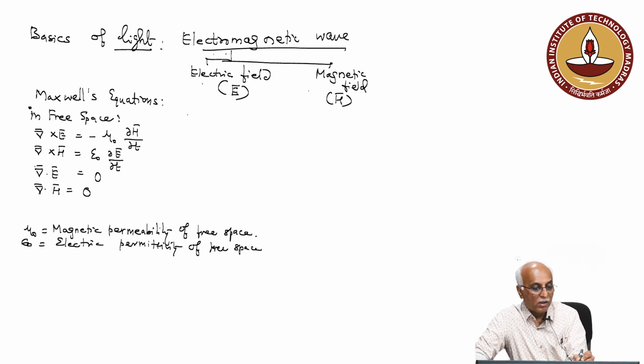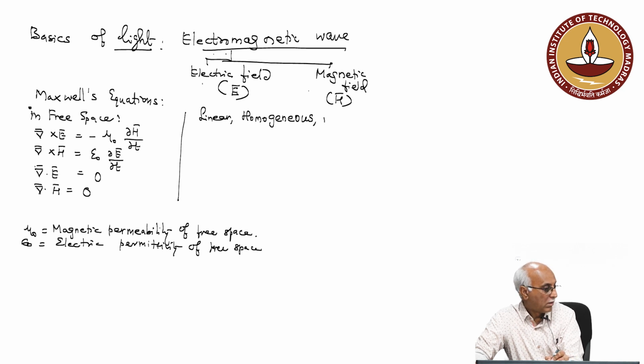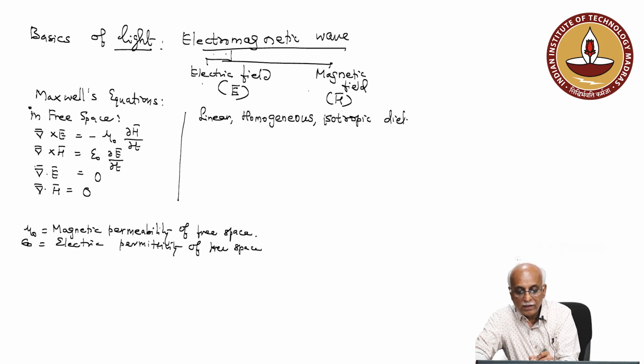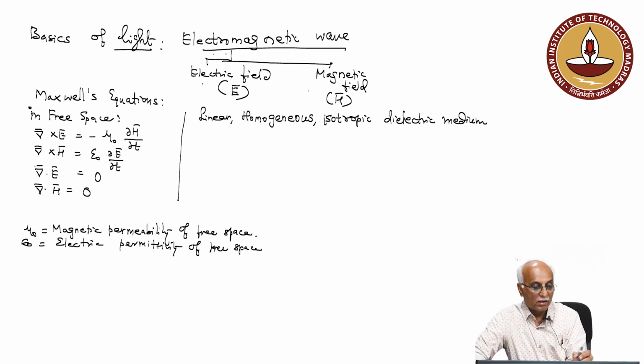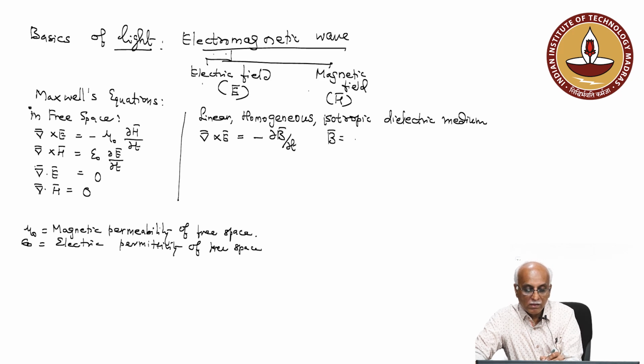And when we consider a medium which is linear, homogeneous, isotropic, dielectric medium, we will observe that del cross E bar can be expressed by the time derivative of B bar, where B bar is mu 0 mu r into H bar.